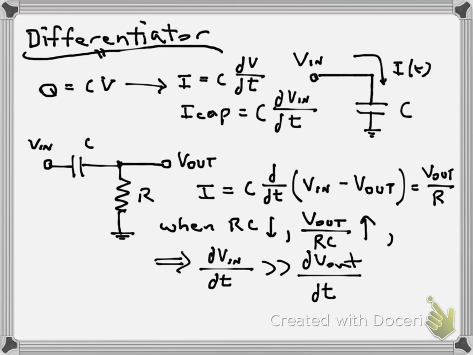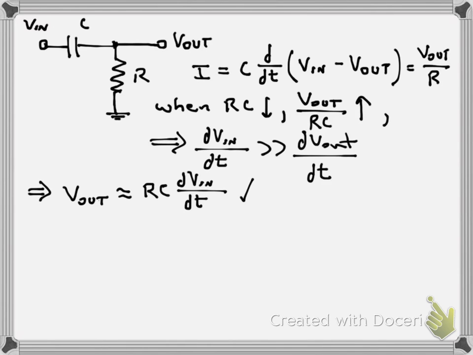Okay, so let's rewrite this and continue our line of reasoning. So there, I've rewritten everything. And we have that under these circumstances that we just discussed, when dV in dt is much greater than dV out dt, then V out is equal to R times C dV in dt, about equal to.